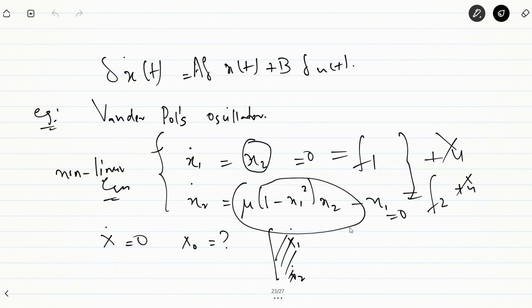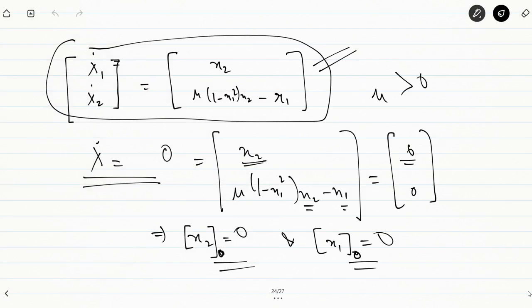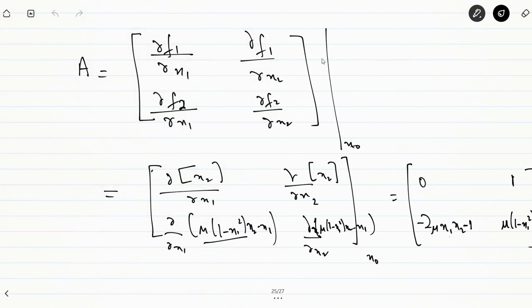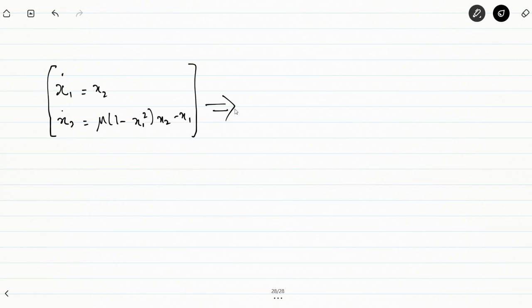So what you have to do is first of all substitute x dot equal to 0, find out x naught and u naught, इस केस में u naught नहीं था। Once you do that then differentiate, partial differentiation with respect to the state variables, of all the differential equations। ये जो matrix बेसिकली है, this is known as Jacobian matrix। This was your system.